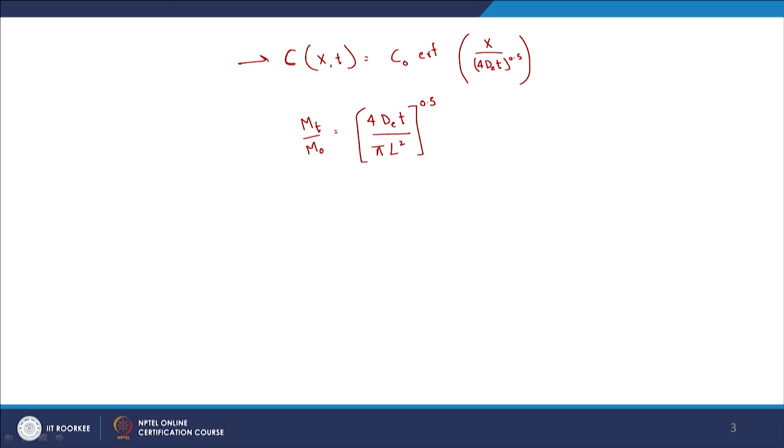So, looks like if we solve that, we get that the concentration at x comma t is C naught times the error function of x by square root of 4Dt. Transforming that into variables that we need, the mass that has leached out by the initial mass is equal to the square root of 4Dt by pi L squared. That is 4 times diffusion coefficient, time, pi, and L is typically the length perpendicular to, or in the direction of diffusion.